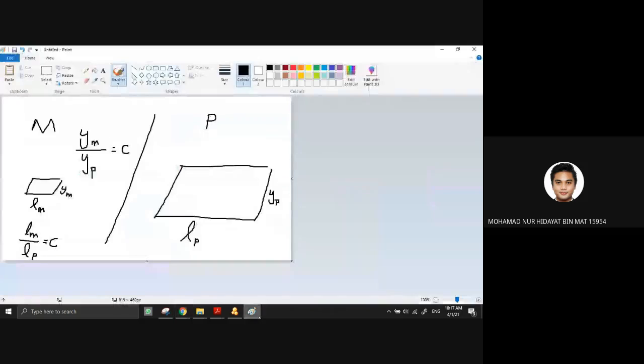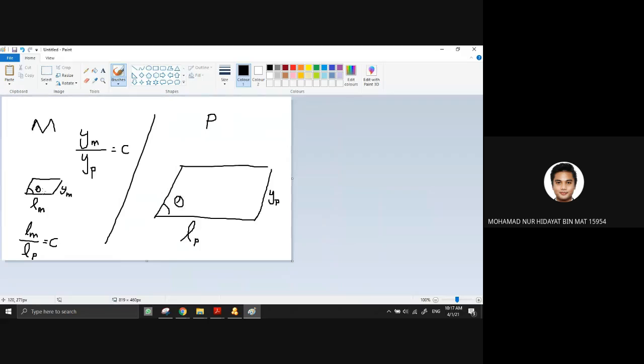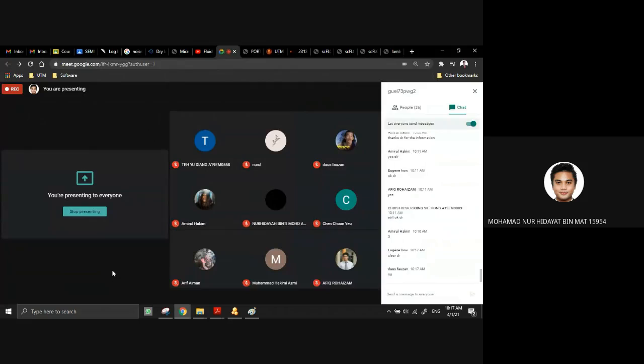However, for example, the angle here. Is it applied to the angle of the model and the angle of the prototype? Does it apply or not? Angle. Okay, angle should be the same.